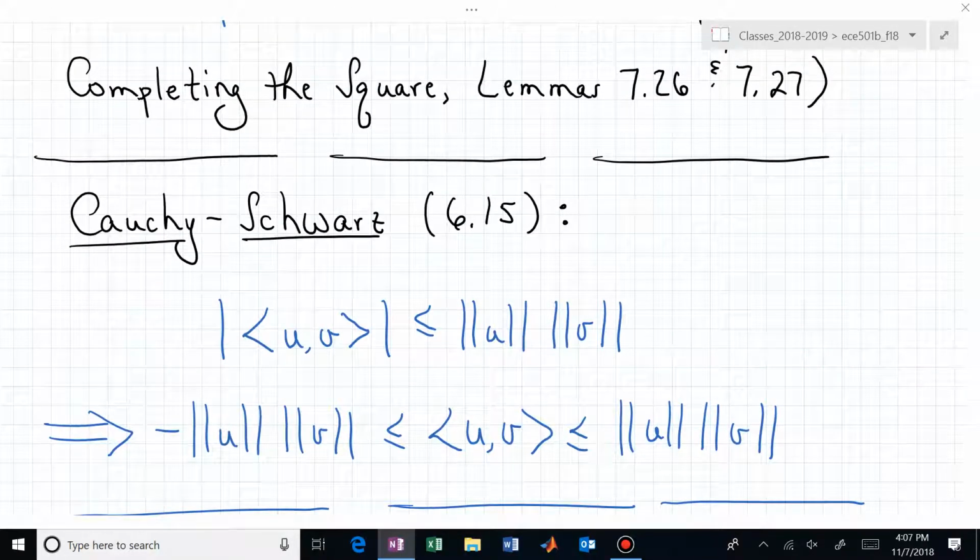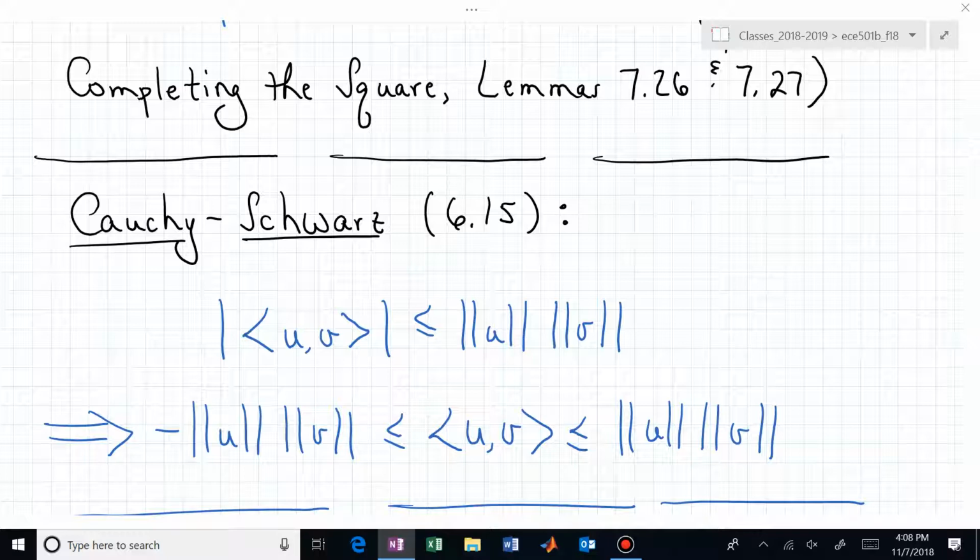Just as a reminder, here's Cauchy-Schwarz. That says that the absolute value of the inner product, remember the inner product is a scalar, so that can be a complex number, but we know how to find the magnitude, or the absolute value, or the modulus of a complex number. That's less than or equal to the length of each of those vectors inside the inner product. And based on our knowledge of absolute value, we can now bound that inner product with two limits.